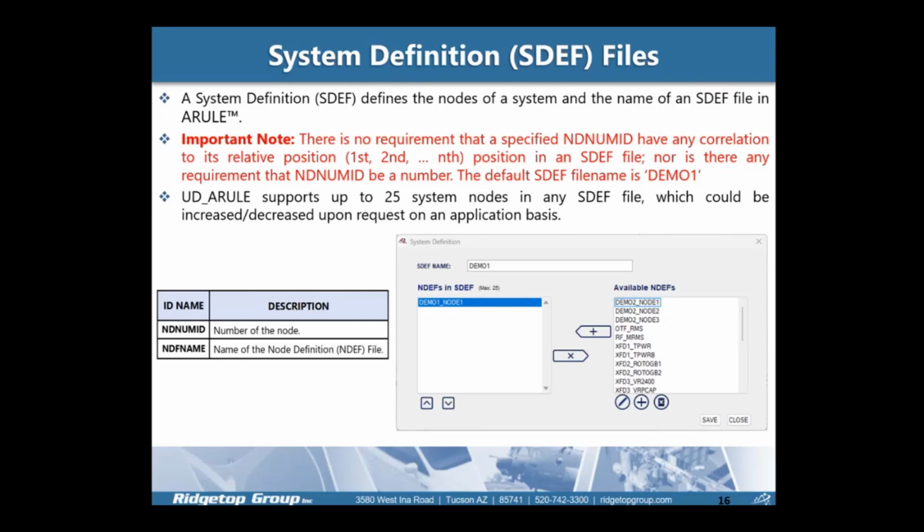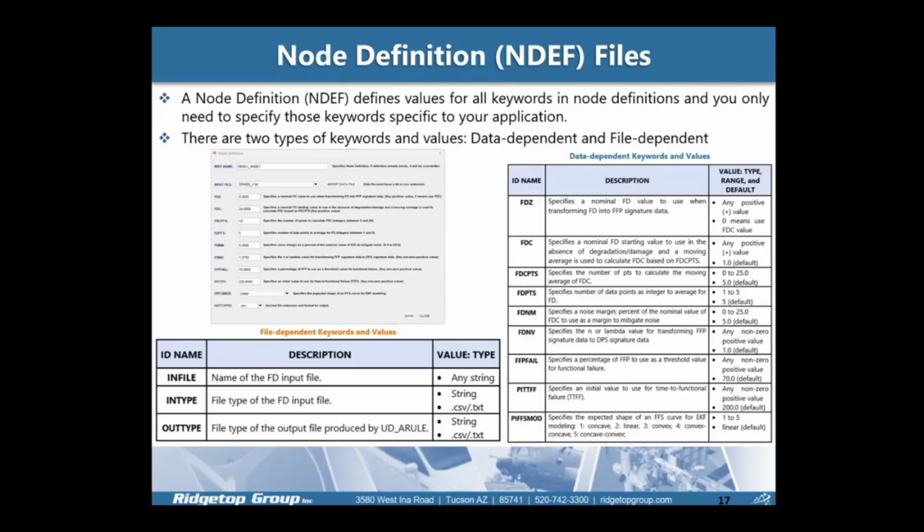Node definition files, again, define values for all keywords in node definitions, and you only need to specify those keywords specific to your case or whatever project you're working with. There are two types of keywords and values, data dependent and file dependent.